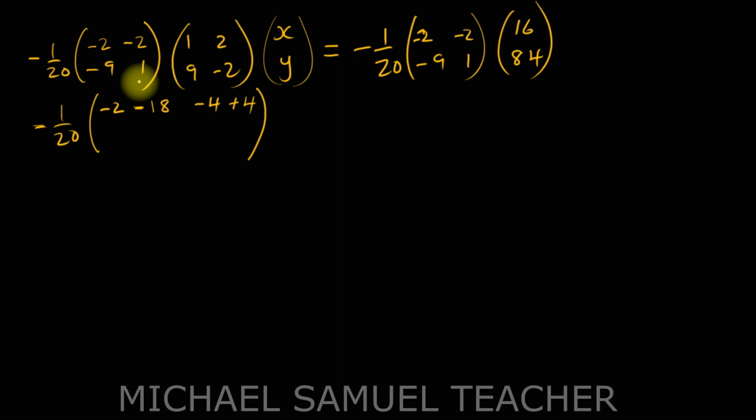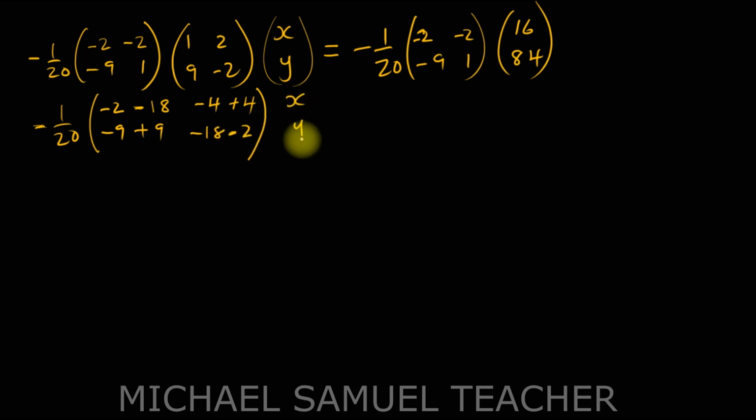The other element is minus 9 times 1, which is minus 9, plus 1 times 9, plus 9. Then the other element is minus 9 times 2, which is minus 18, then plus 1 times minus 2, which is minus 2.